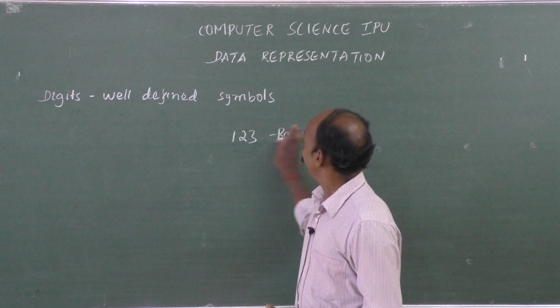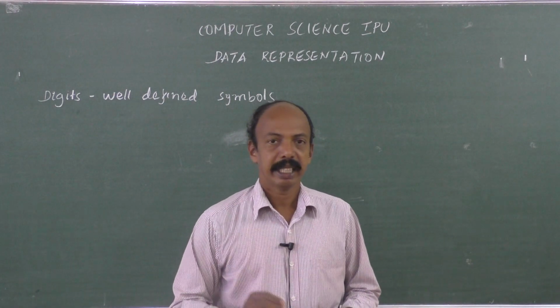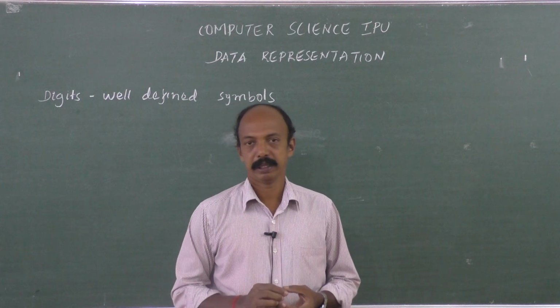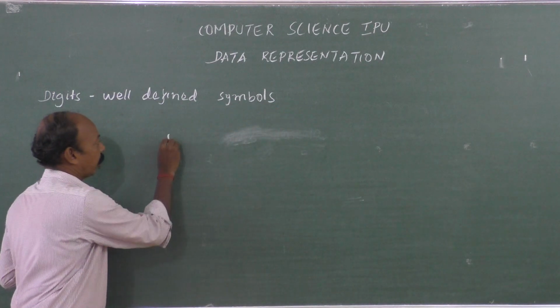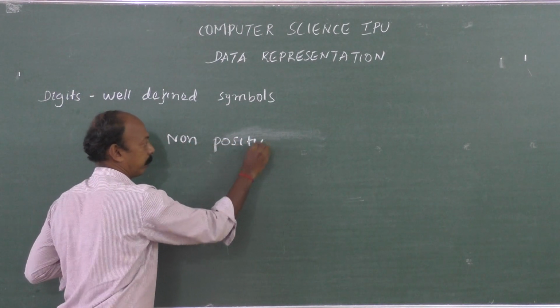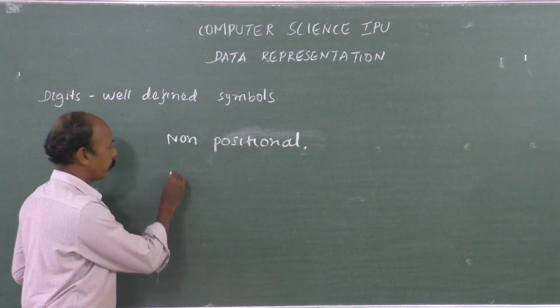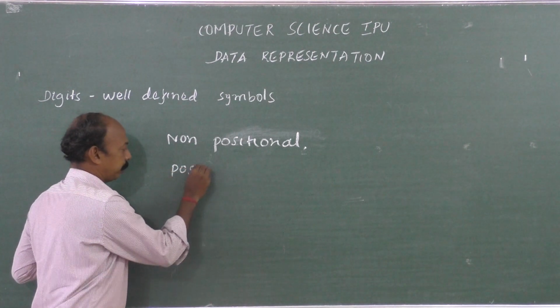When we talk about data representation, mainly there are two types of number systems. One is the non-positional number system, and the second is the positional number system.